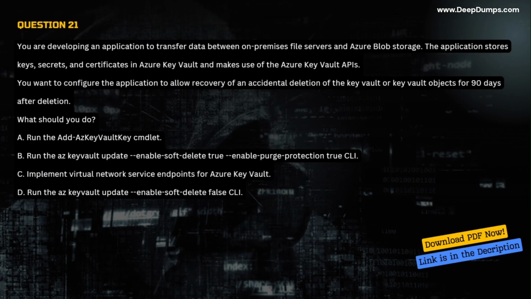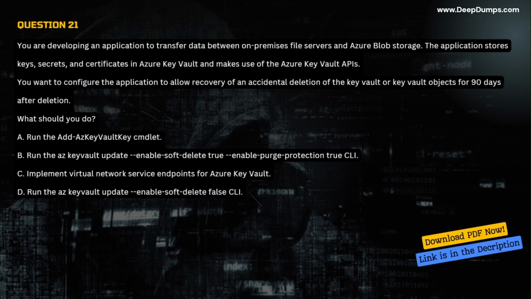Question 21. You are developing an application to transfer data between on-premises file servers and Azure Blob Storage. The application stores keys, secrets, and certificates in Azure Key Vault and makes use of the Azure Key Vault APIs. You want to configure the application to allow recovery of an accidental deletion of the Key Vault or Key Vault objects for 90 days after deletion. What should you do? A. Run the add AZ Key Vault key command.